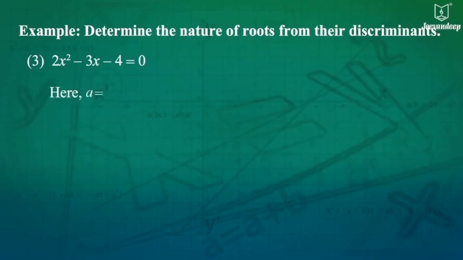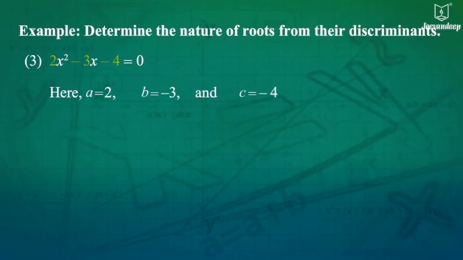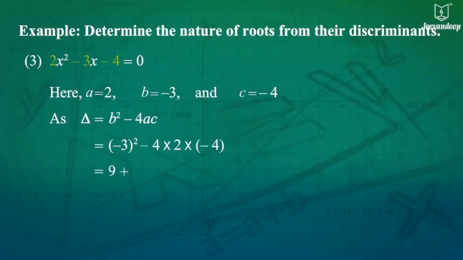Here, a = 2, b = -3 and c = -4. As delta = b² - 4ac, putting the values we get 9 + 32 = 41.